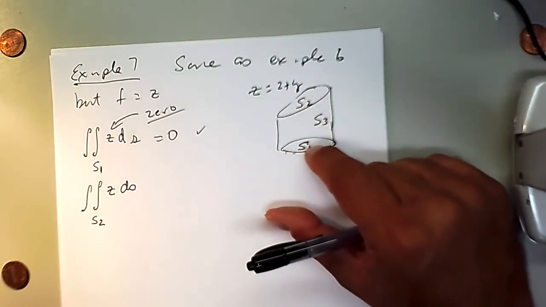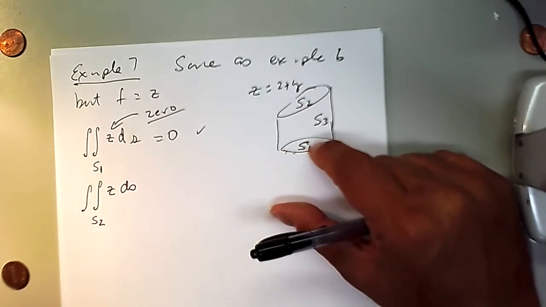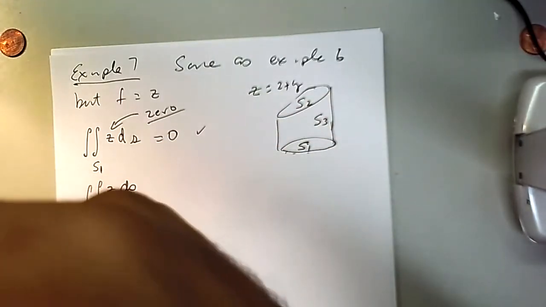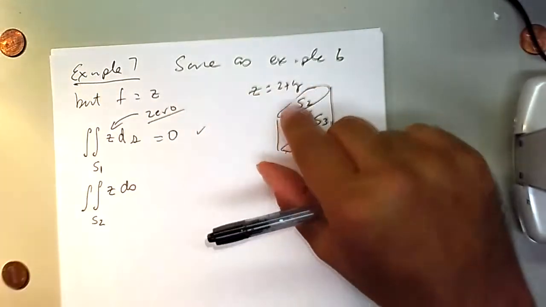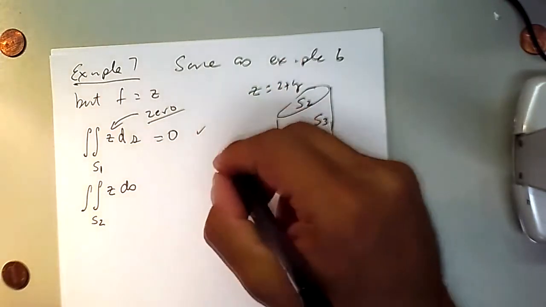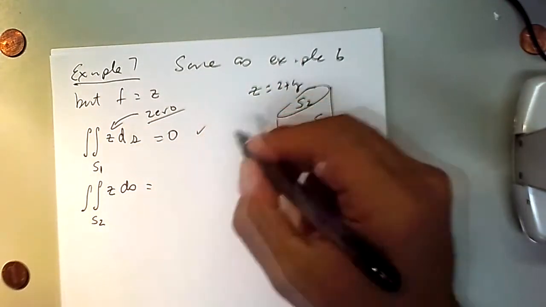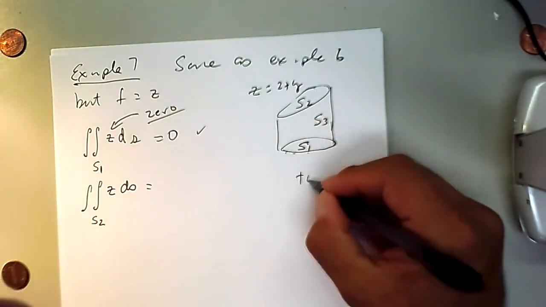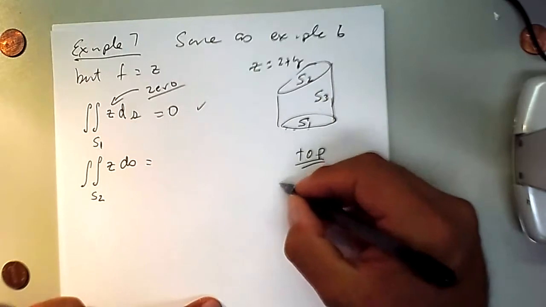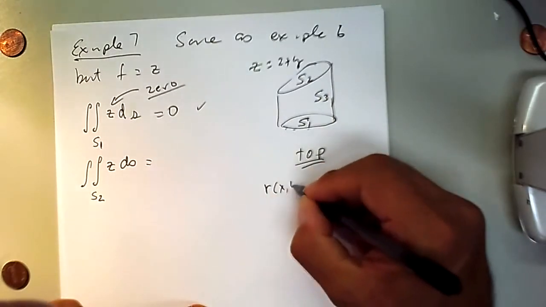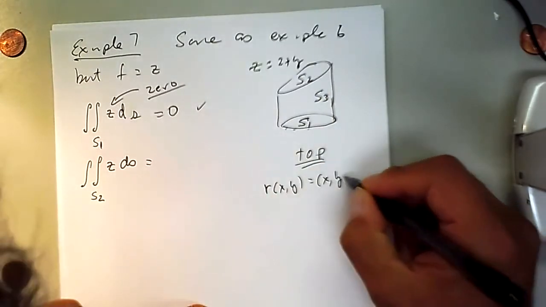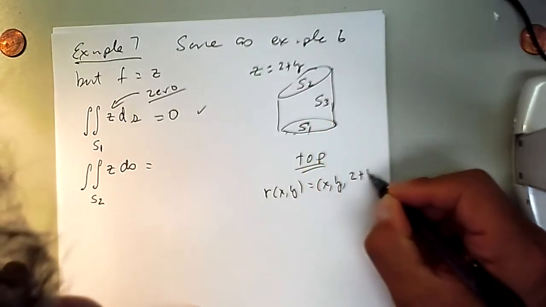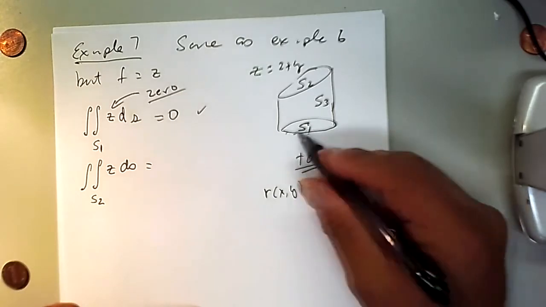A generic point here will be an xy point, and the height will be, so a trivial parameterization, that's what I'm trying to say. A trivial parameterization would be, okay, so let's talk about the top. Okay, so we can have r of xy equals xy, and then z would be 2 plus y, over the unit circle on the bottom.